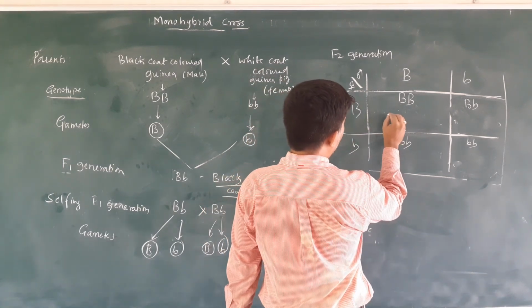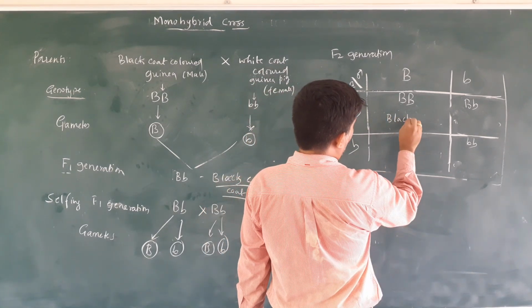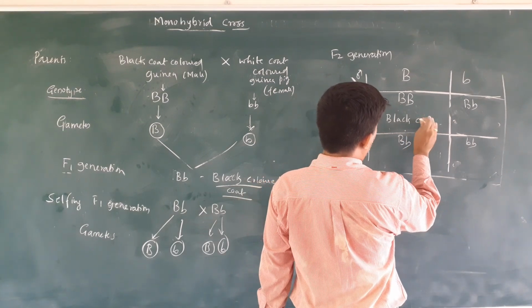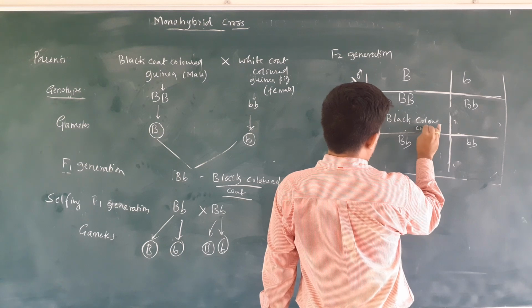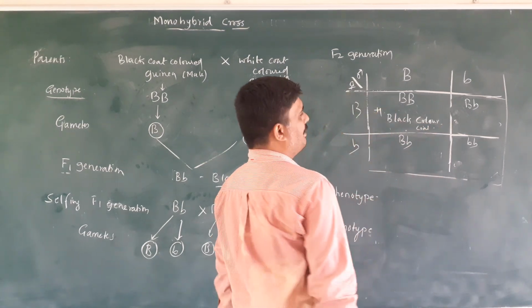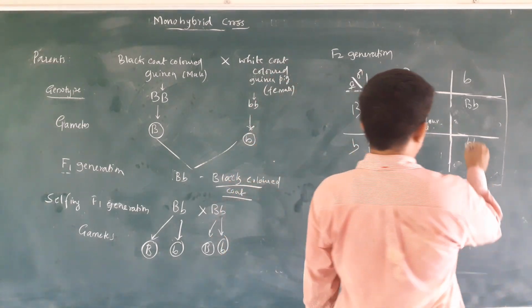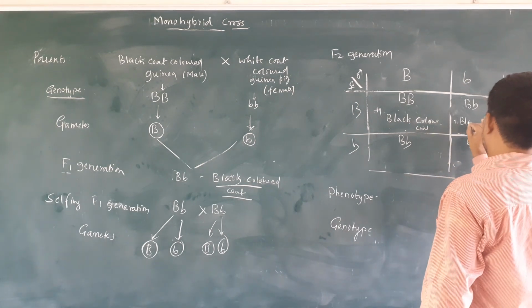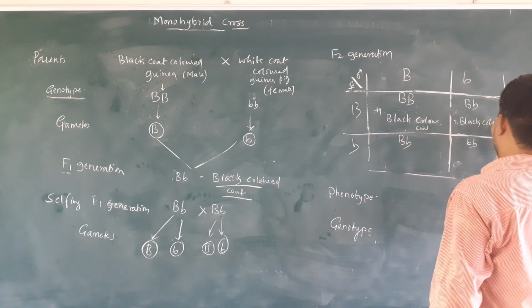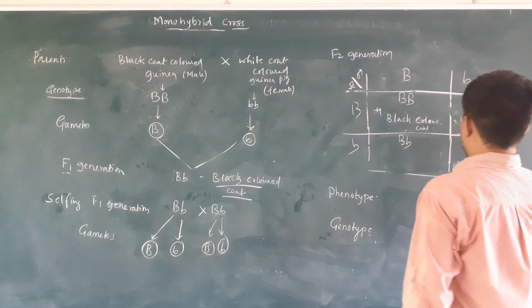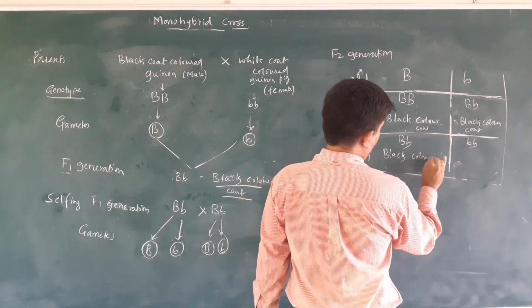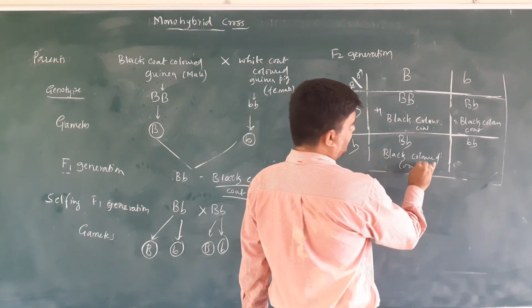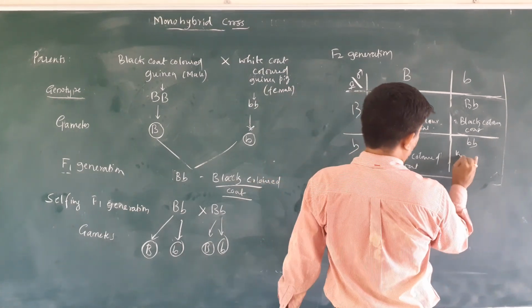Here it produces a black colored coat, homozygous or homogametic, black colored coat. Here also a black colored coat, and this one a white colored coat.